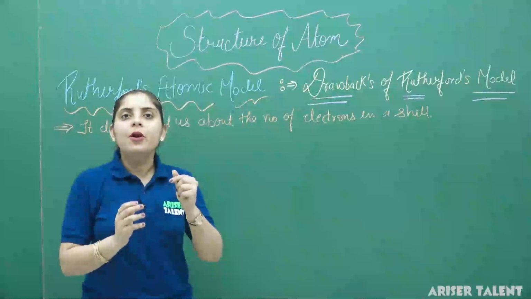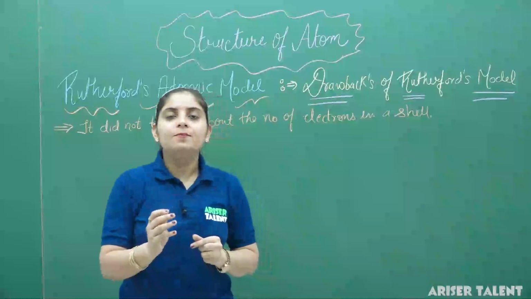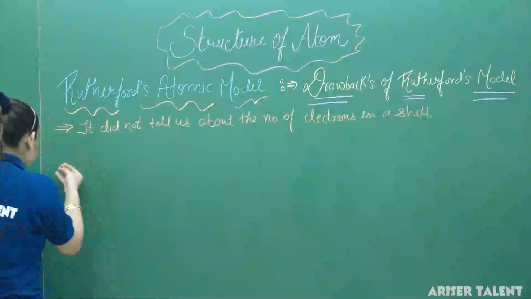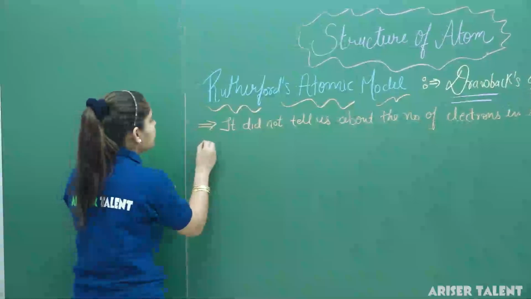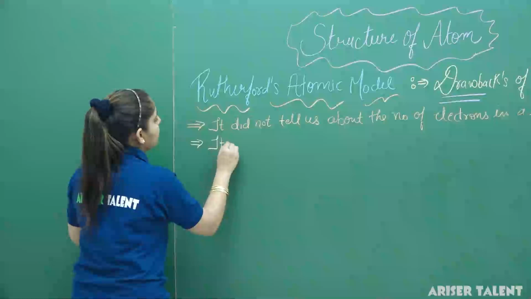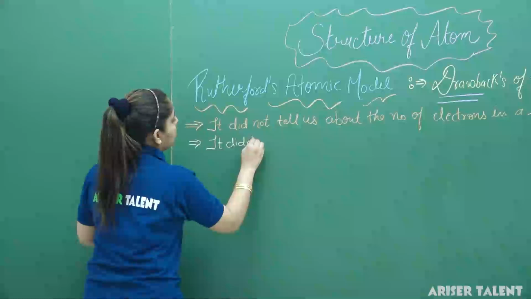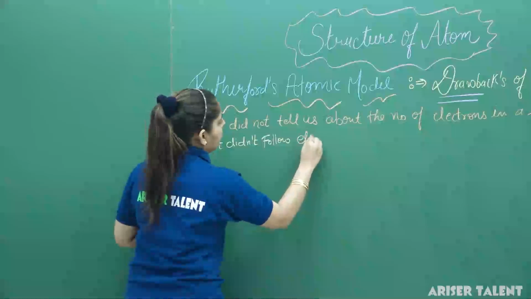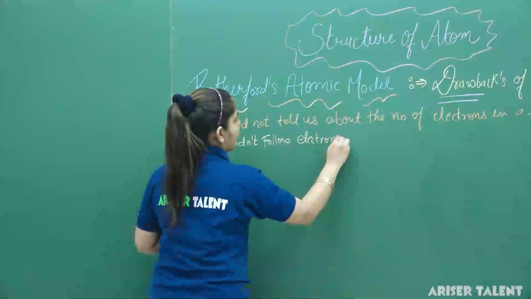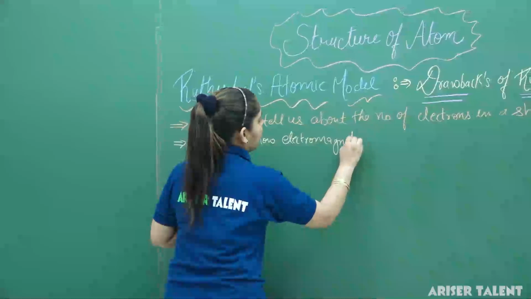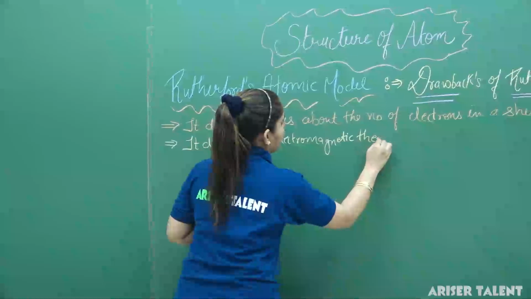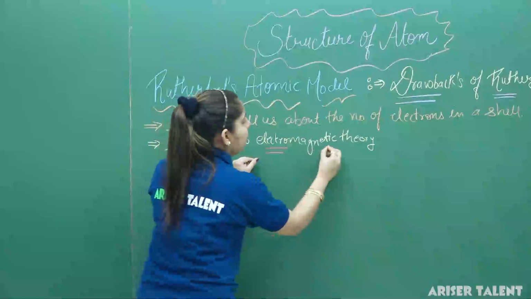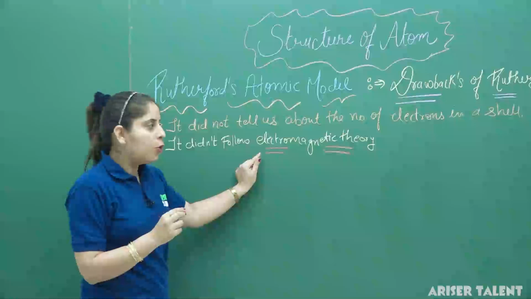The second point about Rutherford's atomic model is that it did not follow the concept of electromagnetic theory. So what actually is the electromagnetic theory?